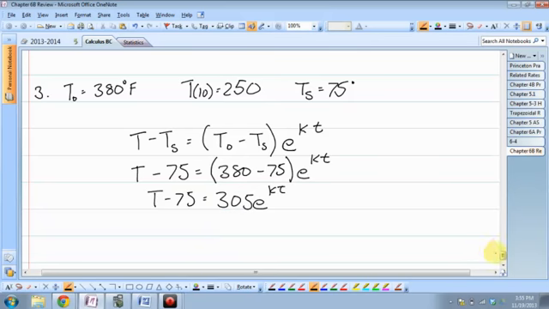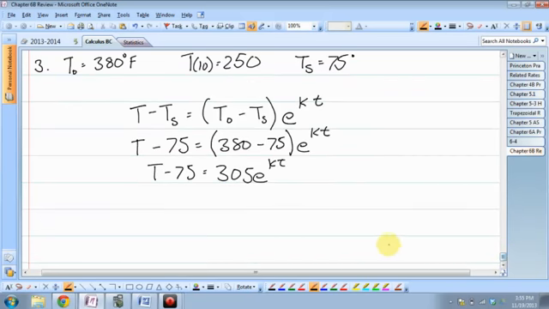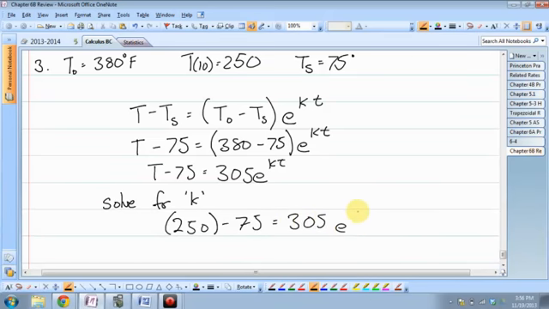And then now let's solve for k. 250 minus 75 equals 305 e to the 10k.